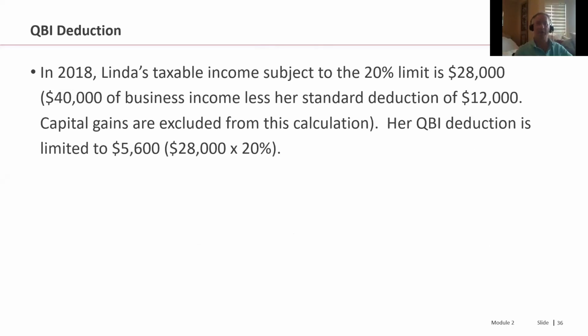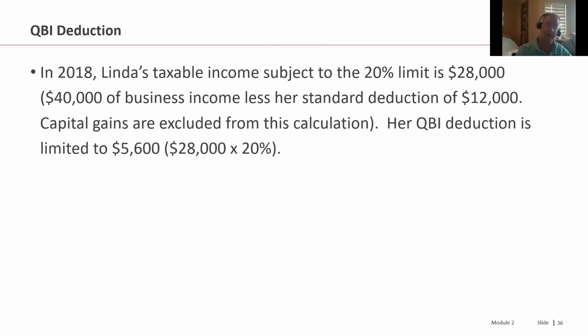Okay, so in 2018, Linda's taxable income, as calculated under the 20% limit, would be $28,000. That's her $40,000 of business income, right? That's 60 minus the 20, that's the $40,000, less a single standard deduction of $12,000, that's $28,000. Capital gains are excluded, right?